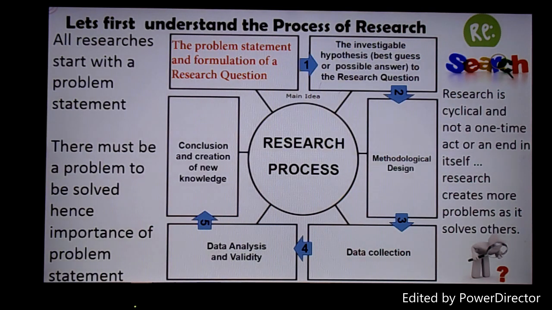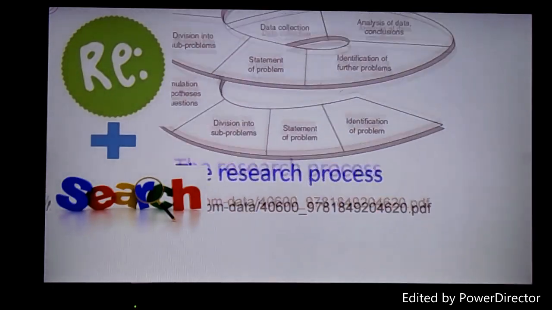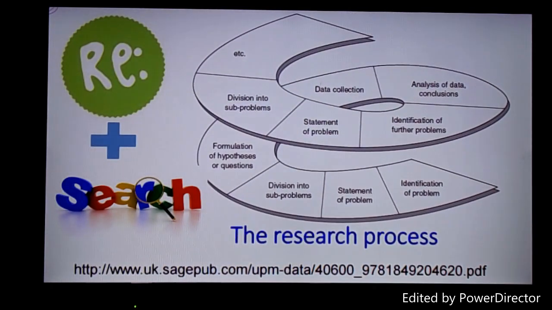And at the bottom, somebody is searching. Therefore, research is composed of two words, re and search. And that's why we say it is cyclical. Re plus search.